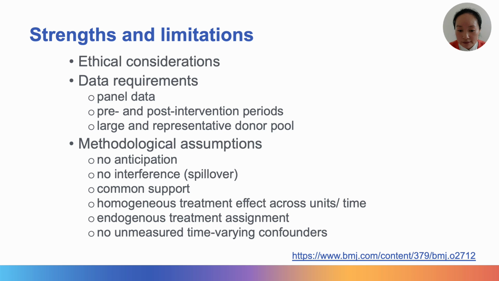For example, if you have quite good panel data but you are struggling to identify a clear-cut pre and post intervention periods, or you are struggling with identifying interventions in your data, then synthetic control method may not be the right method for you. Finally, you will need to have a large and representative donor pool to help you to construct the synthetic control group.